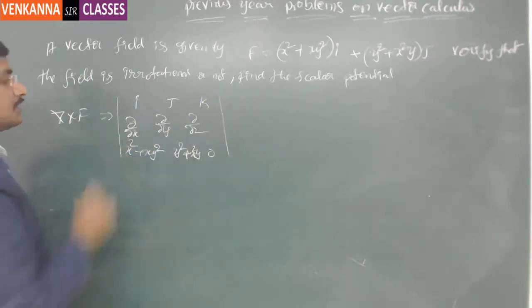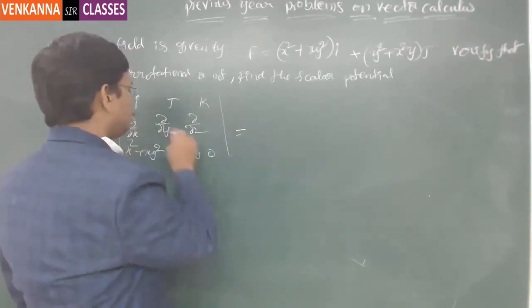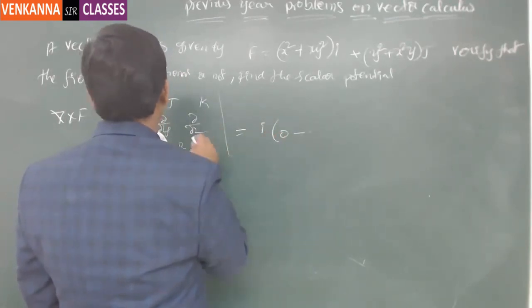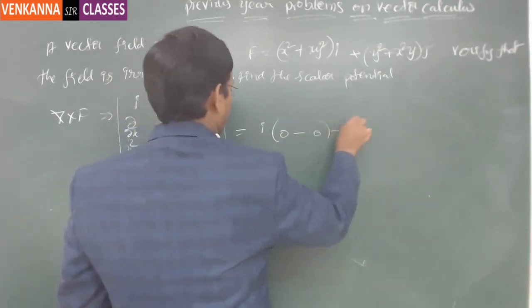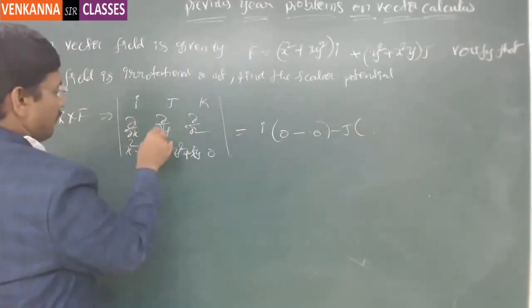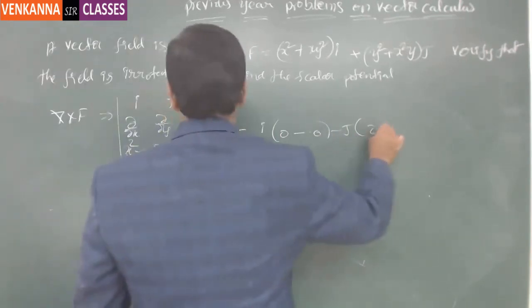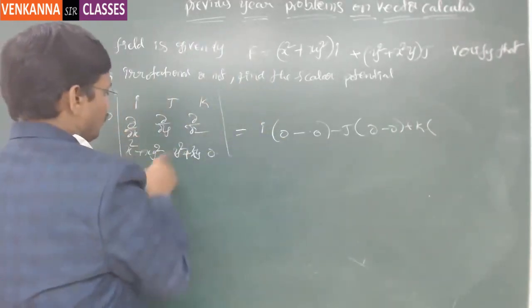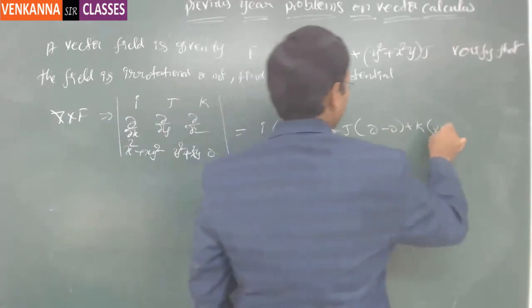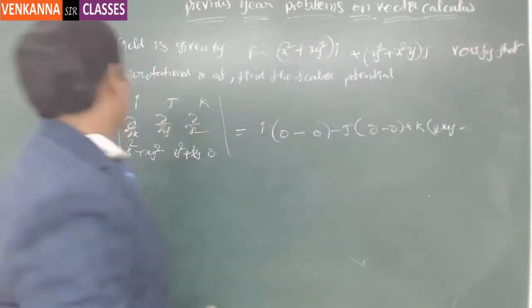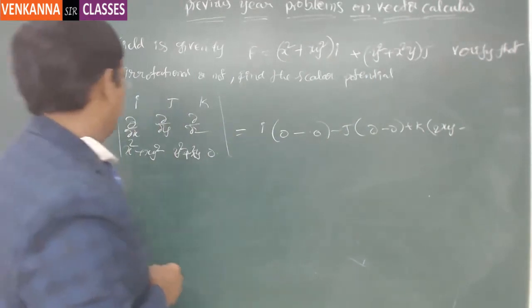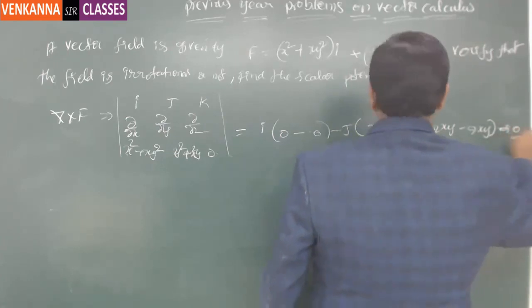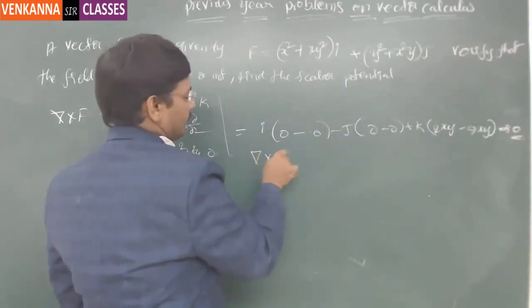For this determinant, the value is i into 0 minus dou by dou z of this, which is 0, minus j times 0 minus 0, plus k times dou by dou x of this, which is 2xy, minus dou by dou y of 2xy. So this is going to be 0. Here del cross F is coming out to be 0.